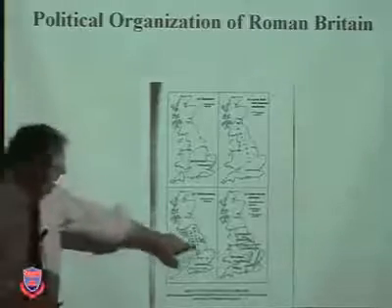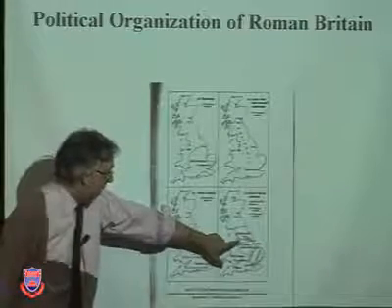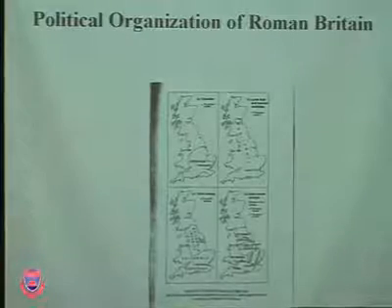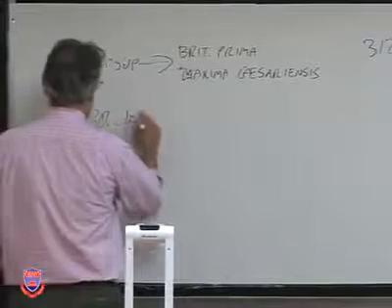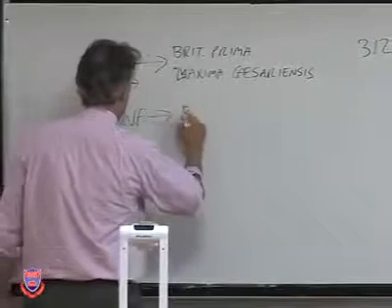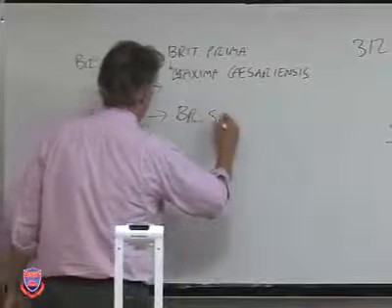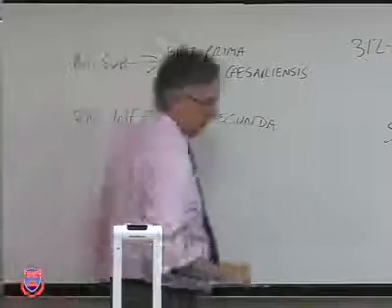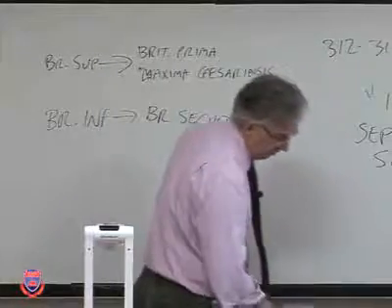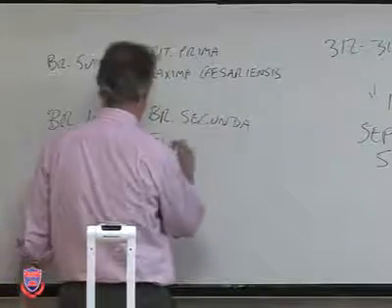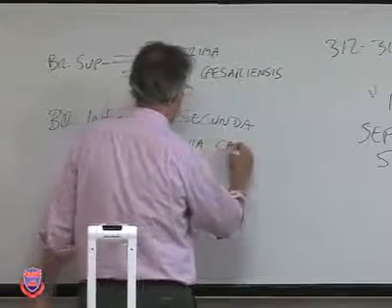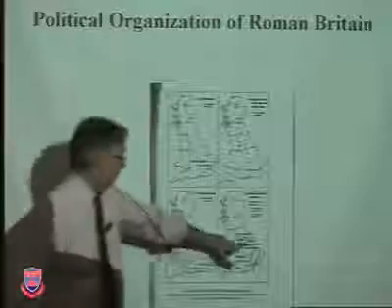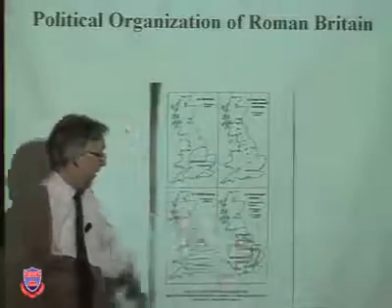And Britannia Inferior becomes Britannia Secunda up here, which is based at York, and then, to remind myself of the name, Flavia Caesariensis in the southern region, based at Lincoln.